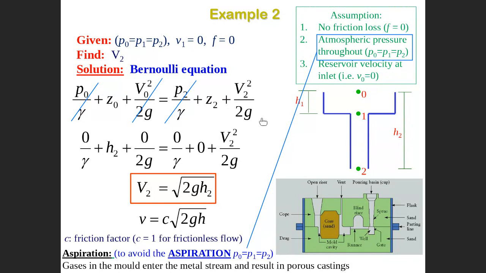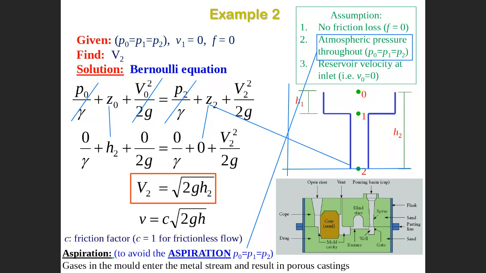We can put the reference here. So this is the 0 axis, this is the reference. If we take the reference here, then you can see that Z2 equals 0, because we put the reference here, and Z0 equals H2.